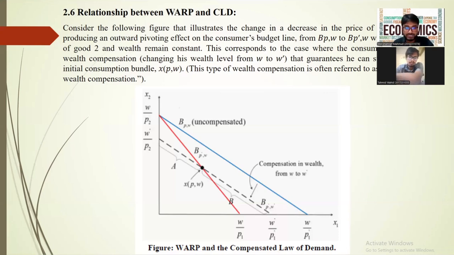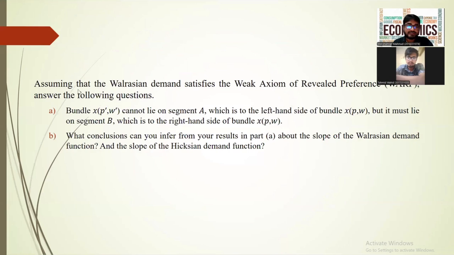So here we can see a graph, and the slide outlines the key assumptions for our analysis. We assume that the Walrasian demand function satisfies WARP, meaning the consumer's choices are consistent with their preferences.